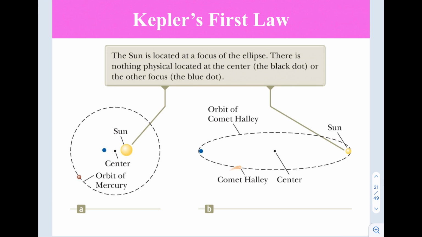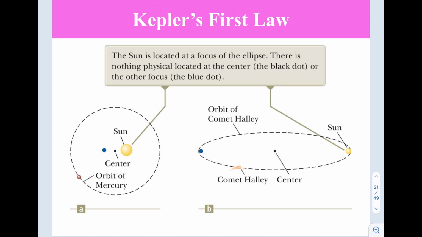Let's now consider Mercury orbiting the sun. This is the real center of the circle. But since the real orbit is actually elliptical, one of the foci will be the sun and the other focus will be the empty point.